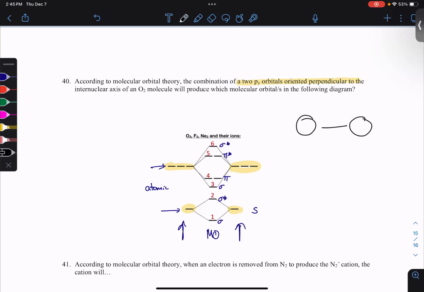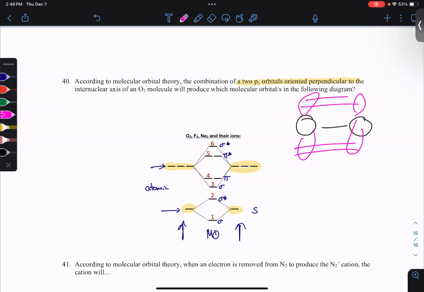Perpendicular to the internuclear axis, does it mean that the interaction is this way, or is it this way? It's like this, yes. So the p orbitals are not interacting like that, right? That would be along the internuclear axis. What the interaction's actually doing is like this. And we know what kind of interaction this is. Pi, yes.